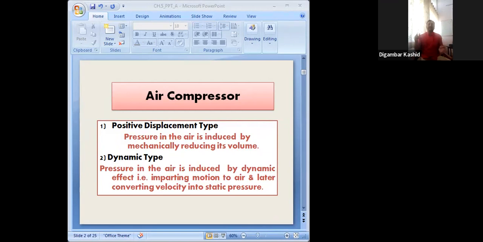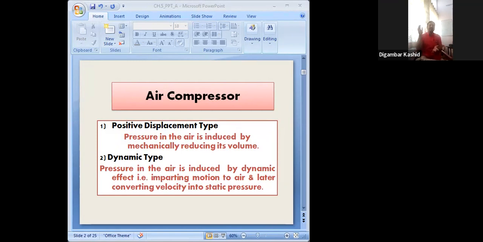In pneumatics we take air as the working medium, so here I use the words: the device which is used to compress air from low inlet pressure, usually around atmospheric pressure, to a higher, desired pressure level. That device is called the compressor. In pneumatic systems, compressors are used to compress and supply the required quantity of air.